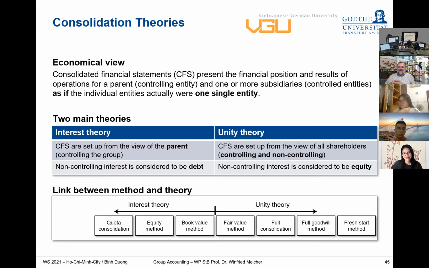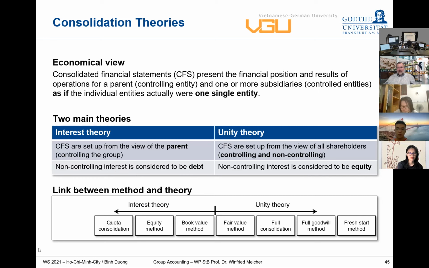I think they are following both. And that is sometimes confusing. For instance, when you look at the interest theory, the non-controlling interest is considered to be a debt. When you look at the interest theory and the quota consolidation, we don't know what it is, but let me just explain that to you.